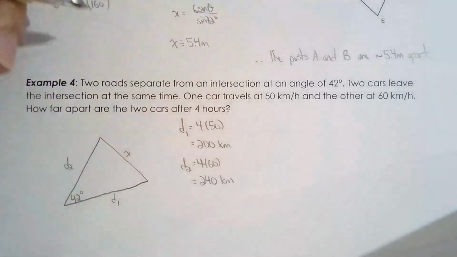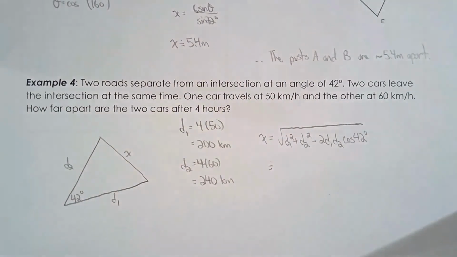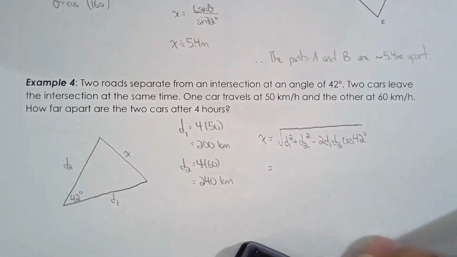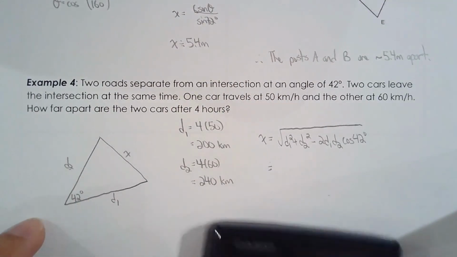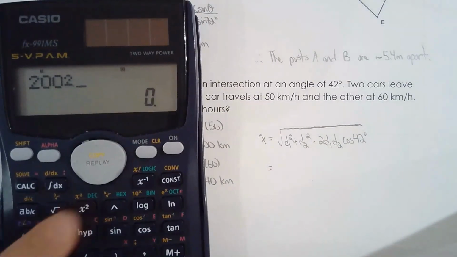All right, let's take a look. So x is equal to the square root of d sub 1 squared plus d sub 2 squared minus 2 d sub 1 d sub 2 cosine of 42 degrees. Once I saw the two sides and a contained angle, I was thinking cosine law.